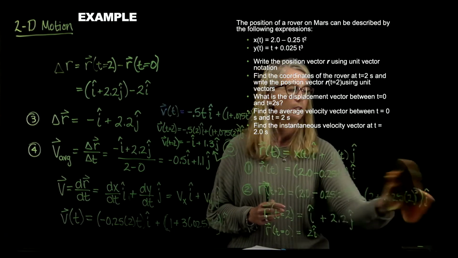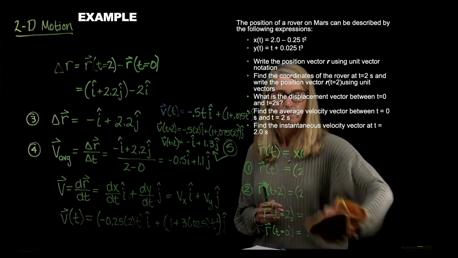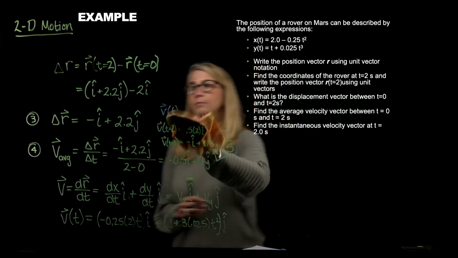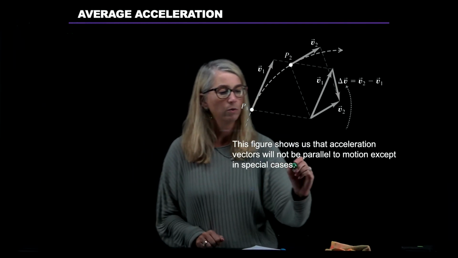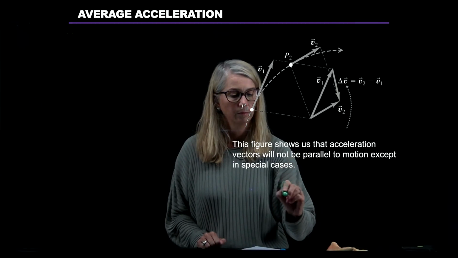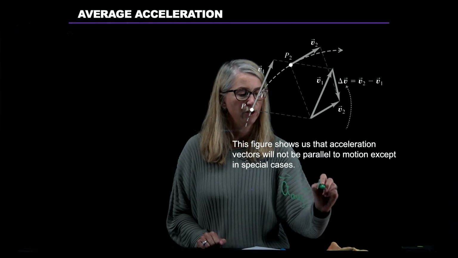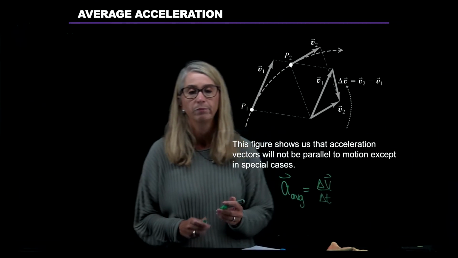So we're going to erase here so we can just talk really quickly about acceleration. So the average acceleration, as you know, is by definition the change in the velocity over the change in time.